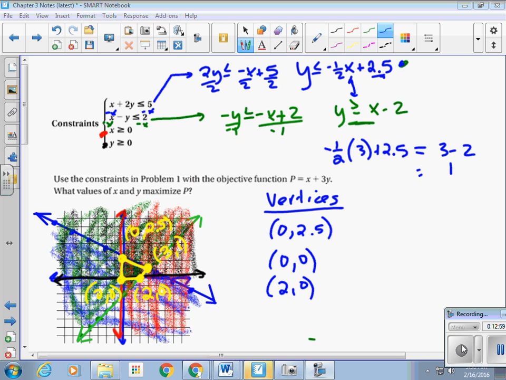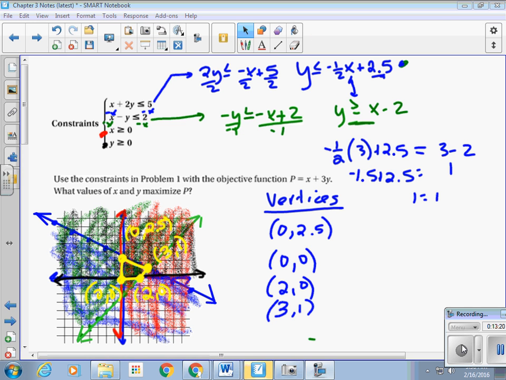Half of 3 is 1.5. So negative 1.5 plus 2.5, is that equal to 1? Yeah. All right, so confirmed. The last coordinate is at 3, 1.